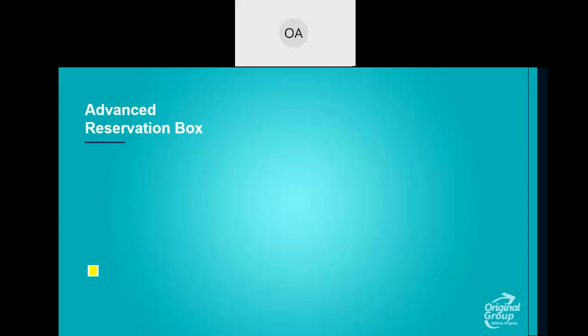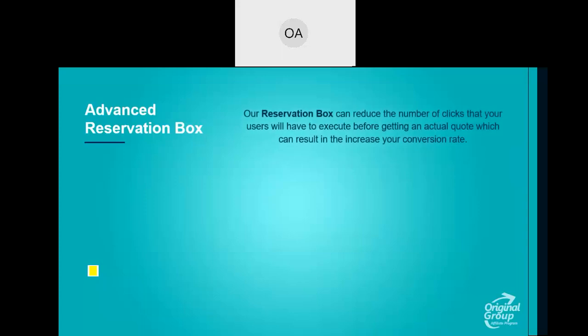To explain it briefly, if I promote one of our banners, the user will land on our website, whether it's the promotions tab, the theme night section, etc., and they'll be able to navigate there. But if I have the advanced reservation box or the booking engine installed on my website, I will take them directly to the quote section.